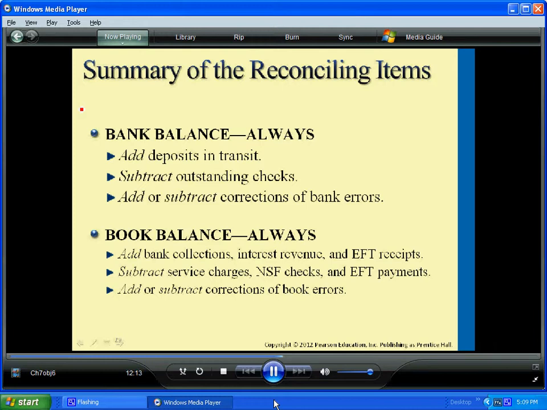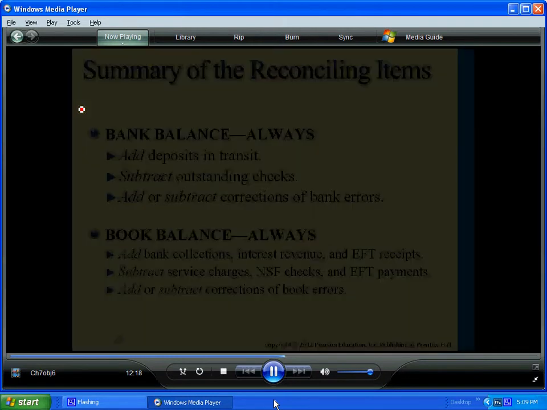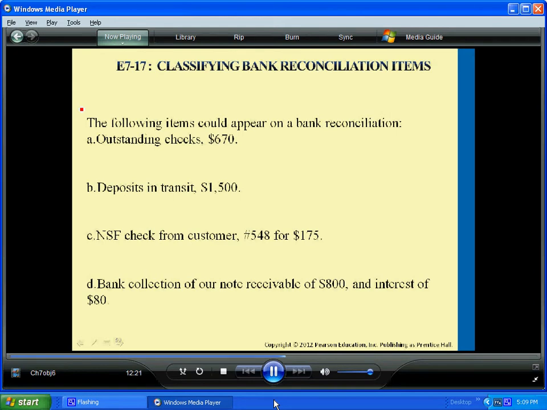If we're looking at this exercise classifying the bank reconciliation items, they want us to tell them where the following items would appear on a bank reconciliation. Outstanding checks would appear on the bank side as a subtraction from the bank balance. A deposit in transit of $1,500 would appear as a subtraction, excuse me, that's incorrect.